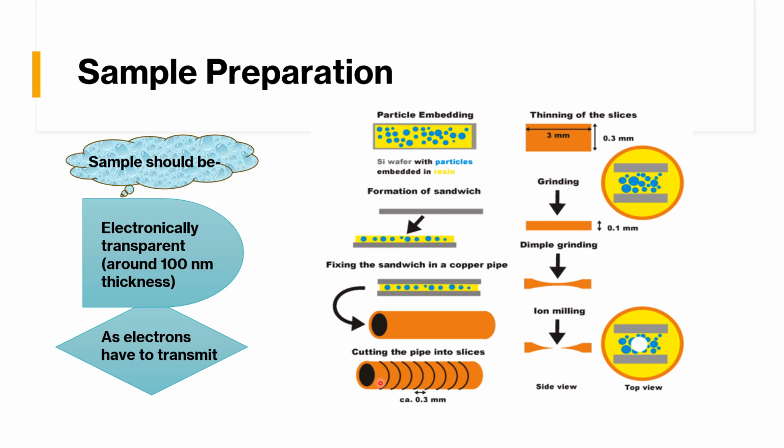After that, the copper wire is cut with a thickness of 0.3 millimeter, and mechanical grinding is done to make it thinner, to around 0.1 millimeter. Further dimple grinding is done, and then ion milling is done to reach the required thickness. This all seems simple one by one, but it is actually a very tedious and sophisticated process.